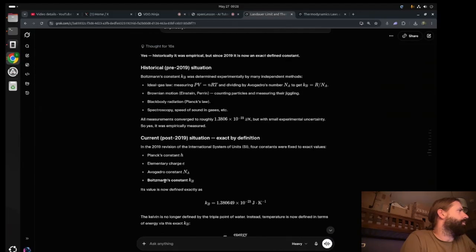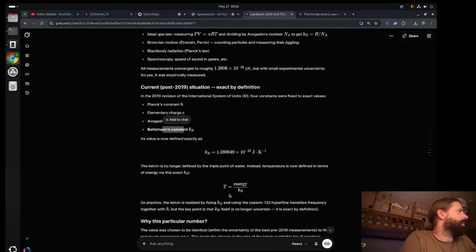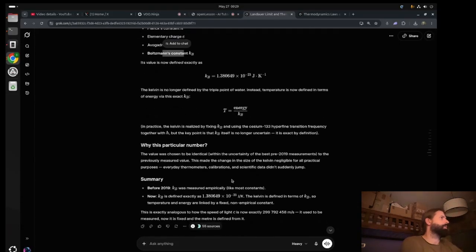Planck's constant, Boltzmann's constant. The Kelvin is no longer defined by the triple point of water. Instead, temperature is now defined in terms of energy via the exact Kb. In practice, the Kelvin is realized by fixing Kb and using the cesium-133 hyperfine transition frequency together with h, but the key point is that it is no longer uncertain.